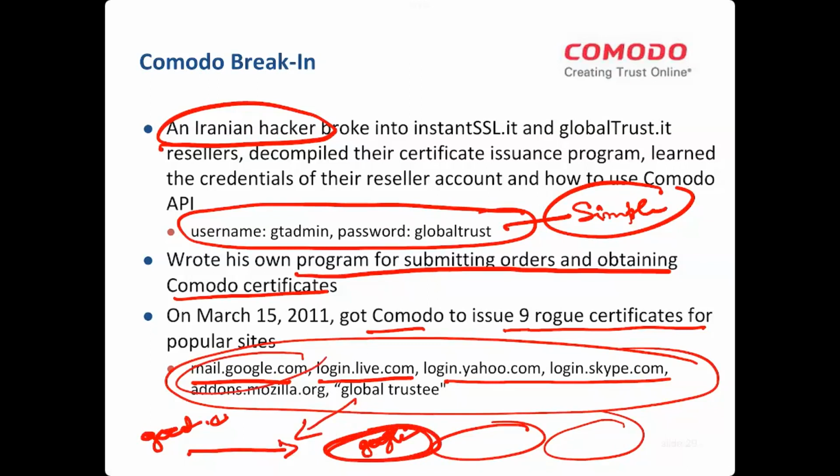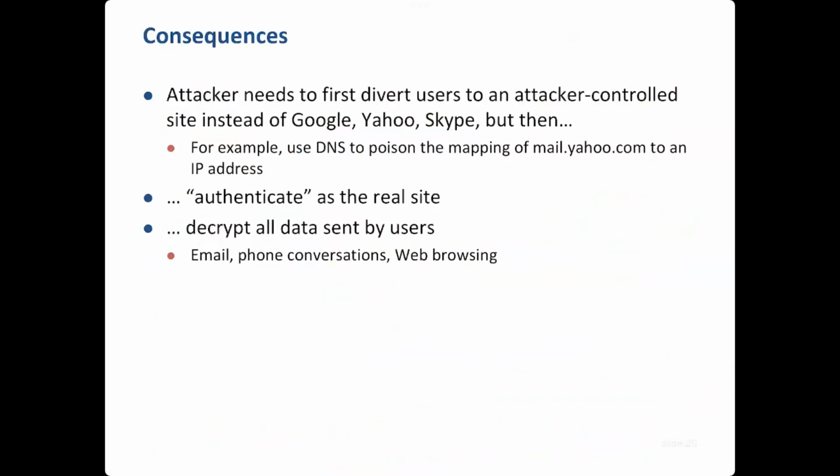When we type google.com, it converts into the corresponding IP address. So this conversion must also be changed from the original google.com to a fake google.com, which means the domain name server must also be manipulated.